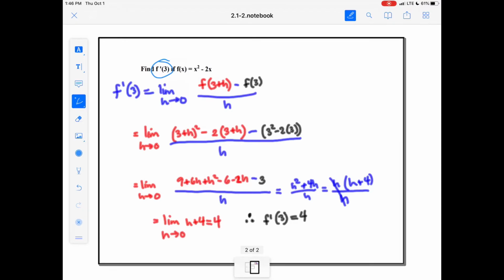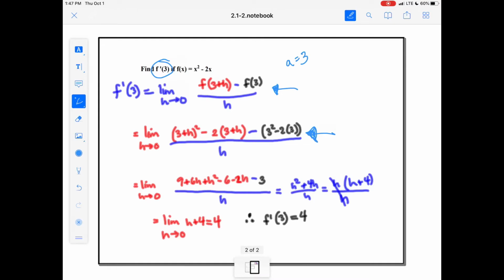And I hope you can see in this wonderfully color-coded setup how we are evaluating this. Here is our limit definition of the derivative. F of a plus h minus f of a all over h, except my a is 3 in this problem, and we take the limit as h approaches 0. In this step, and pause it if you need, we then plug it in to our f of x. So we plug in 3 plus h in red, and we can see that it gives us this.